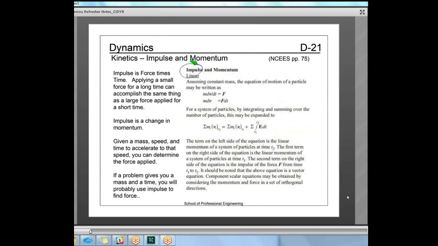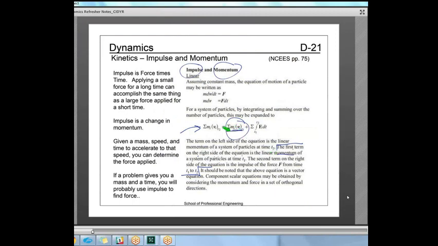They do have a section on page 75 called impulse and momentum, but they don't really tell you what impulse and momentum are unless you get really good at decoding this sentence in here, which is really cryptic stuff. Talking about this equation, they say the first term on the right side of the equation, that's here, is the linear momentum of a system of particles.